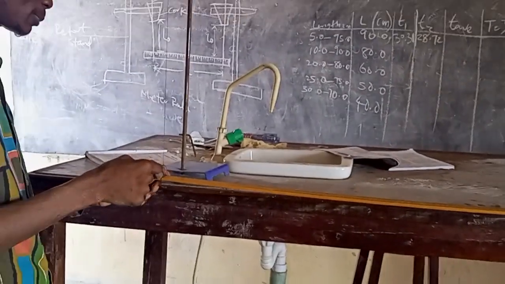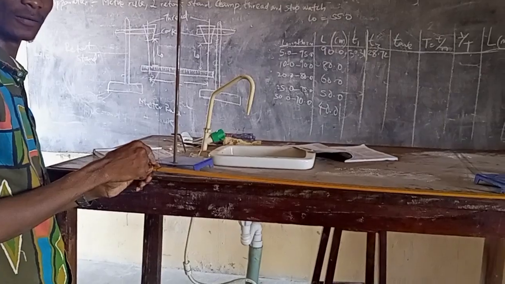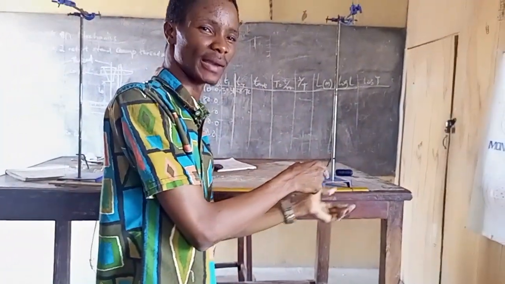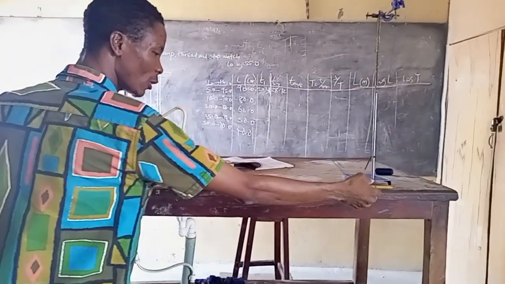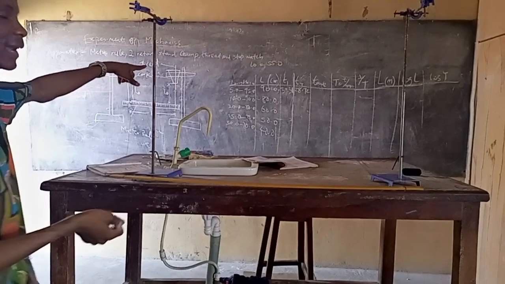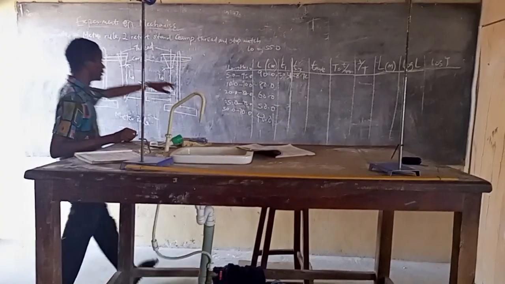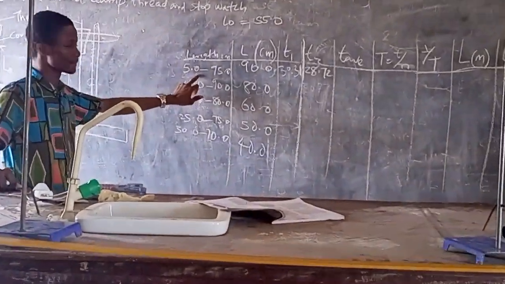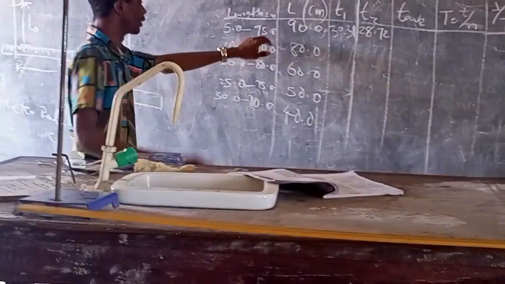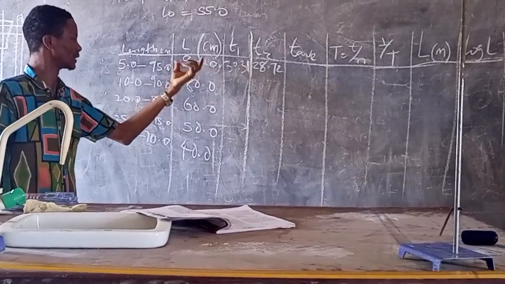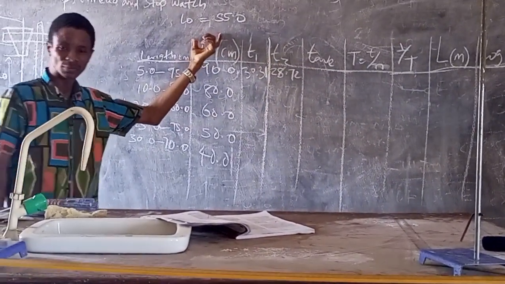The thread will be placed at 5 centimeter from the left-hand side and 95 centimeter from the right-hand side. The difference between the first measurement and the second measurement is our length. If you measure the difference, it is 90.0 centimeter. That is our length.